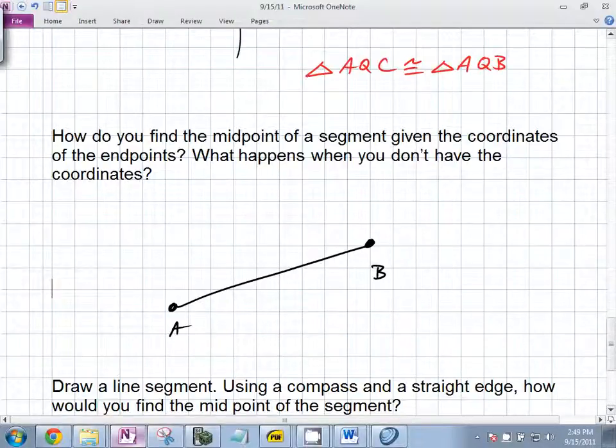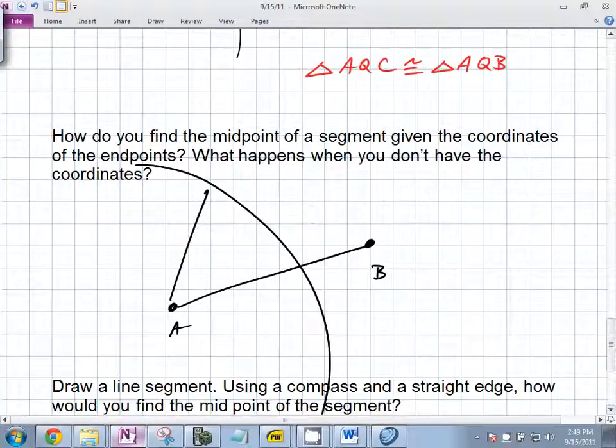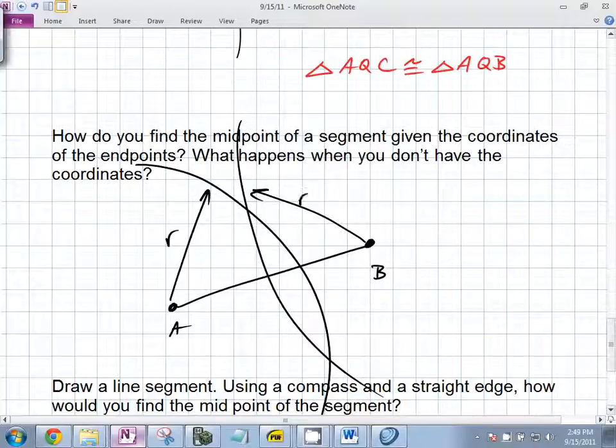Well, you draw one arc at A with radius r, and then what do you do at B? You do the same thing. If you do that same arc, what do you know about this distance? Let's call that Q, and this distance. They're both r. So AQ is equal to BQ.